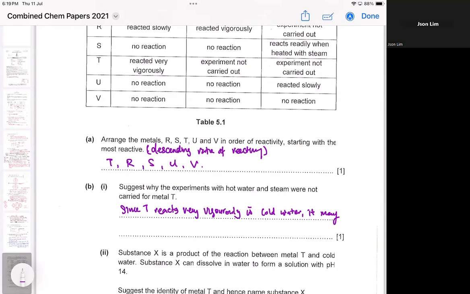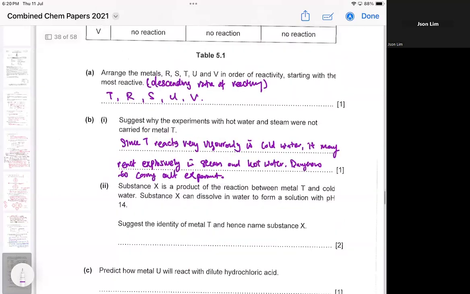It may react explosively with steam and hot water. Then we will say because of this, it is dangerous to carry out the experiment. Okay, that's all.